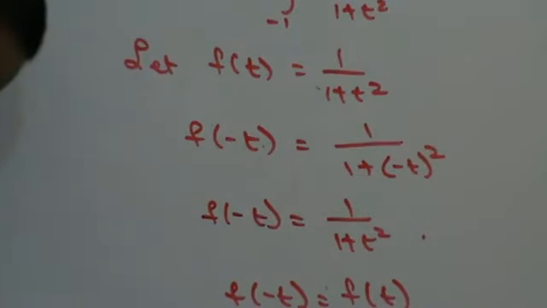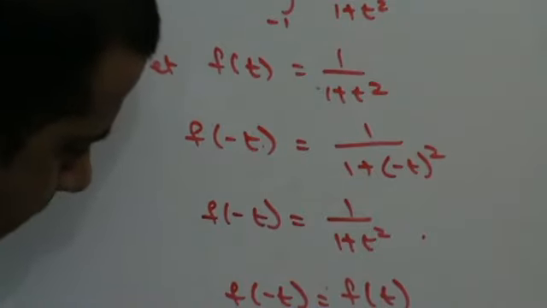Now since f of minus t is equal to f of t, therefore I can say that f of t is an even function.